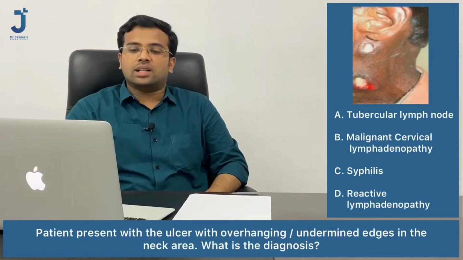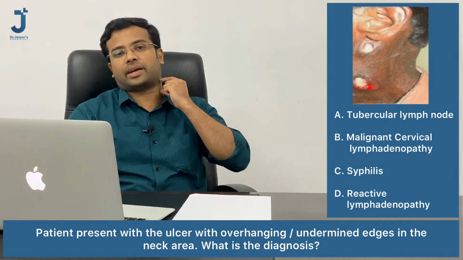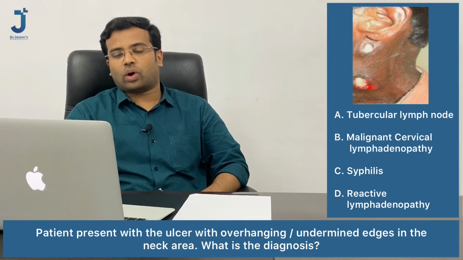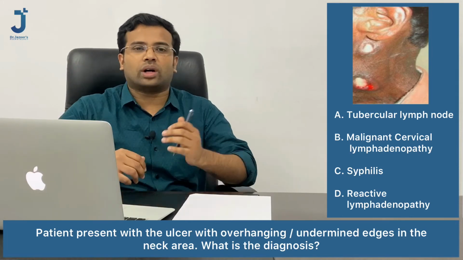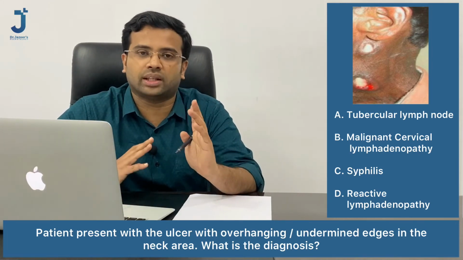Going to the next one, patient presents with an ulcer with an overhanging or undermined edge in the neck area. So what is the diagnosis? No other mention was given, it was simply a patient with an ulcer in the neck area.